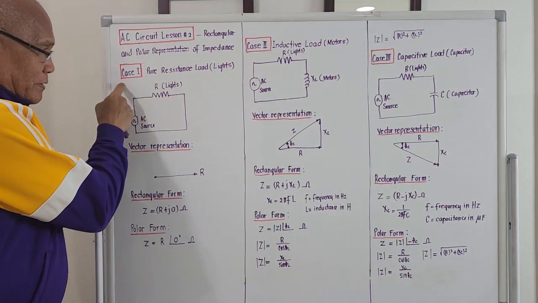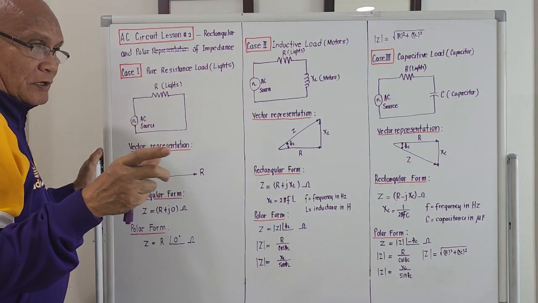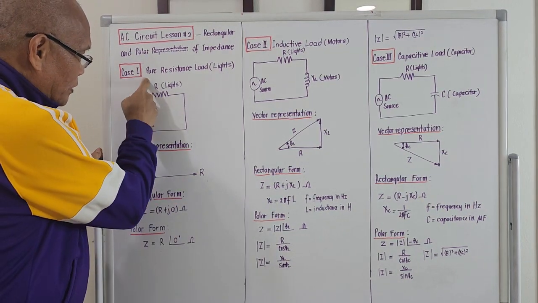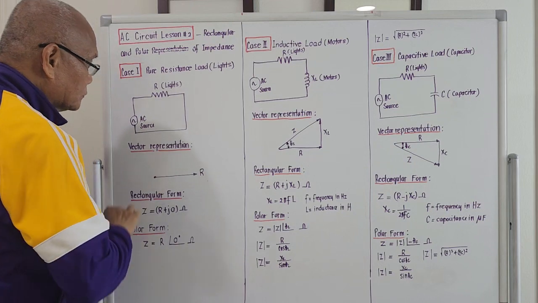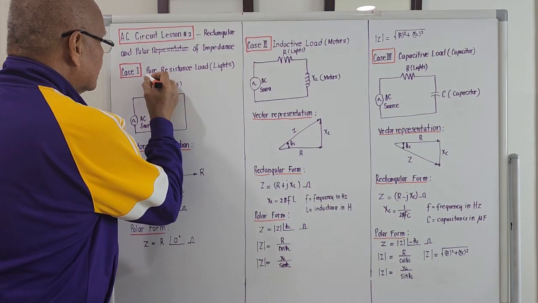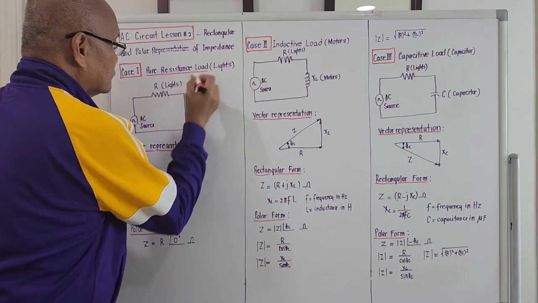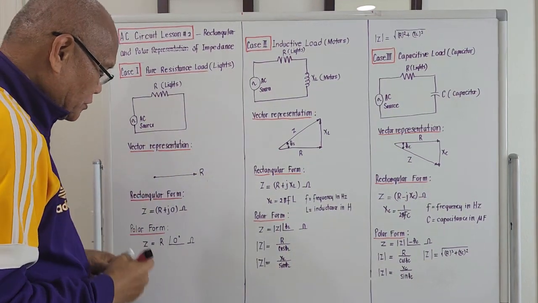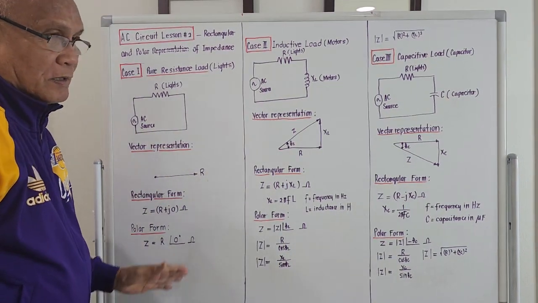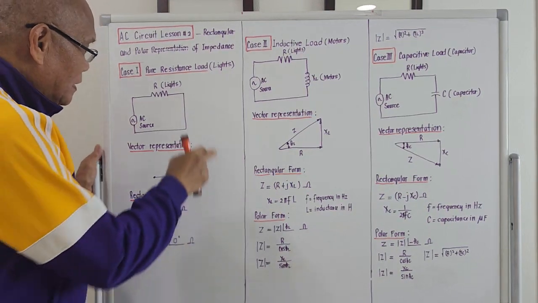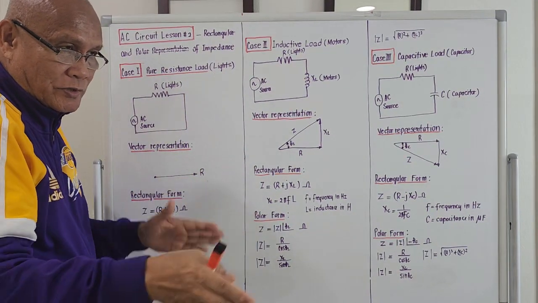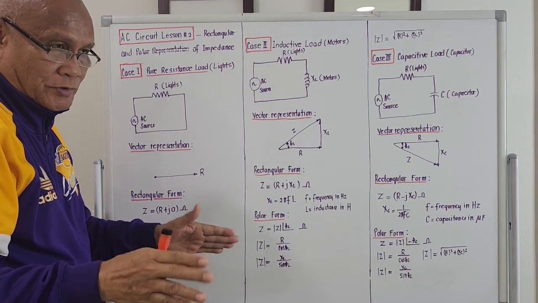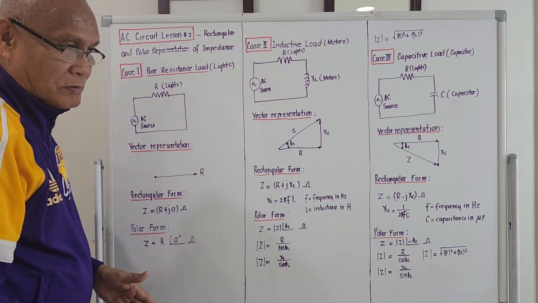For case number 1, the impedance is a pure resistance load. An example of that will be lightings. The lightings in our houses are considered pure resistance load.